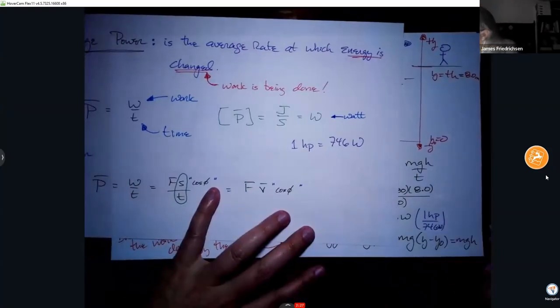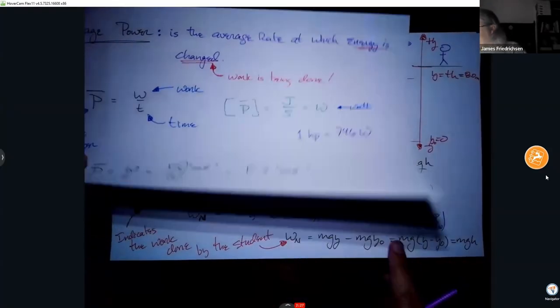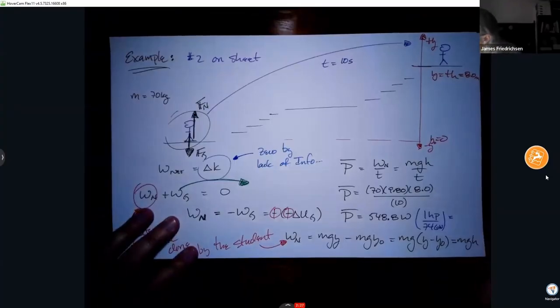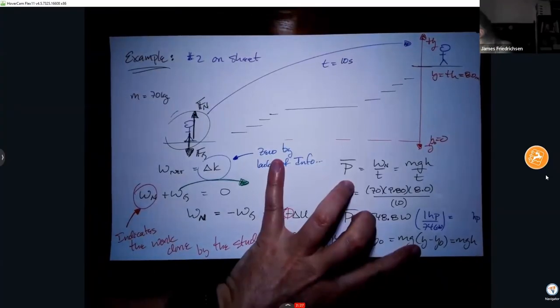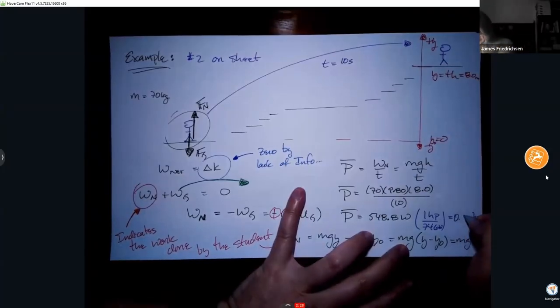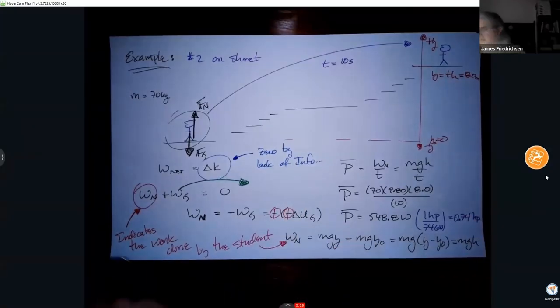So if we take our 548.8 divided by 746, what is that, like 3/4 or so? Yeah, 0.74. And that seems about right for how much power we can exert physically.